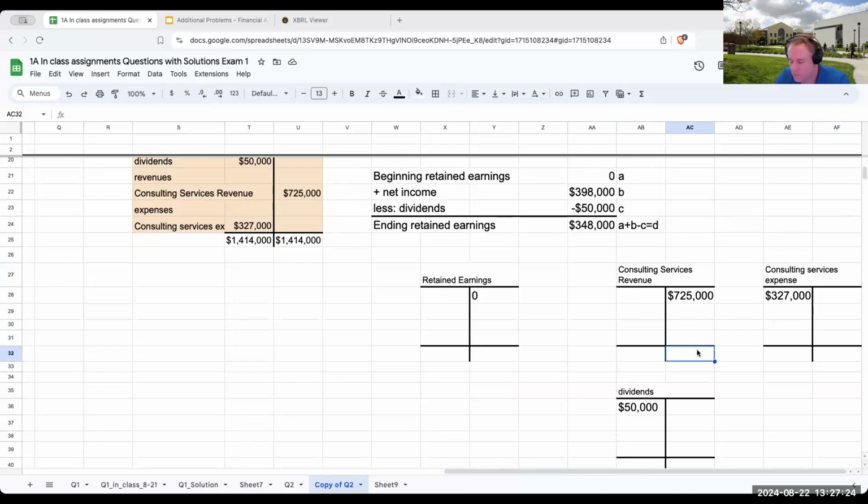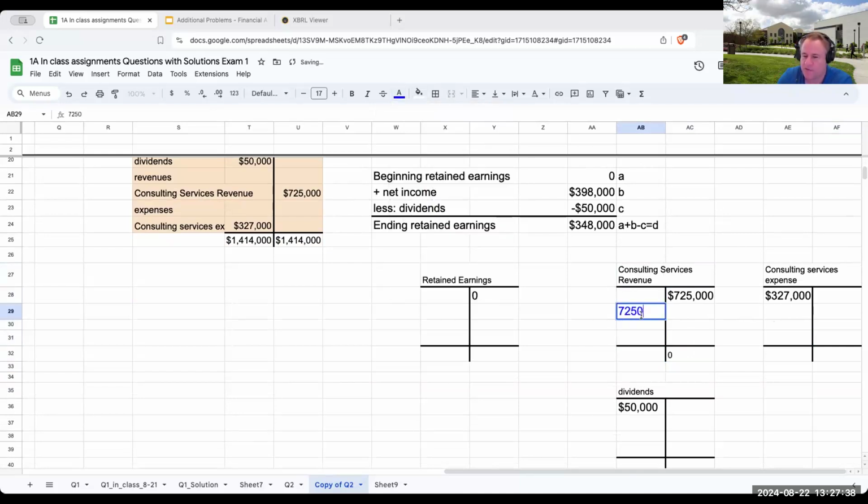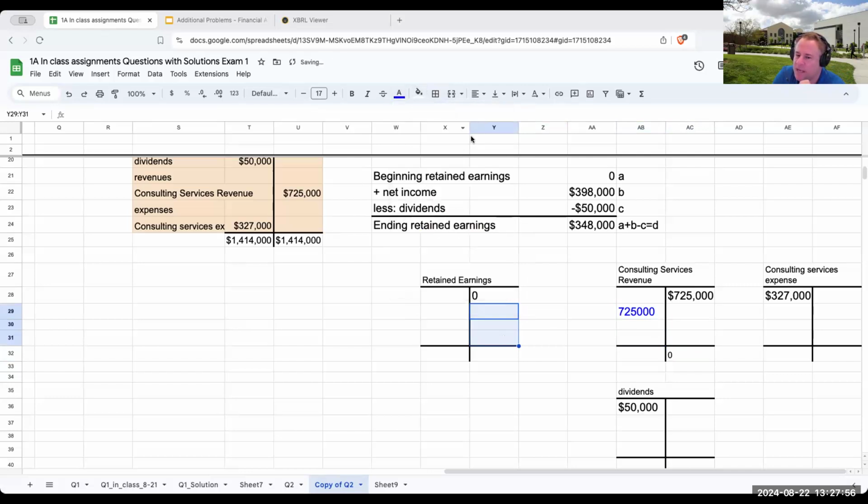So how do I make consulting services revenue go to zero? Well, if I come over here and make a $725,000 debit, I now have 725 and 725. This now goes to zero. However, for every debit, I need a credit. I close out the temporary accounts to retained earnings.